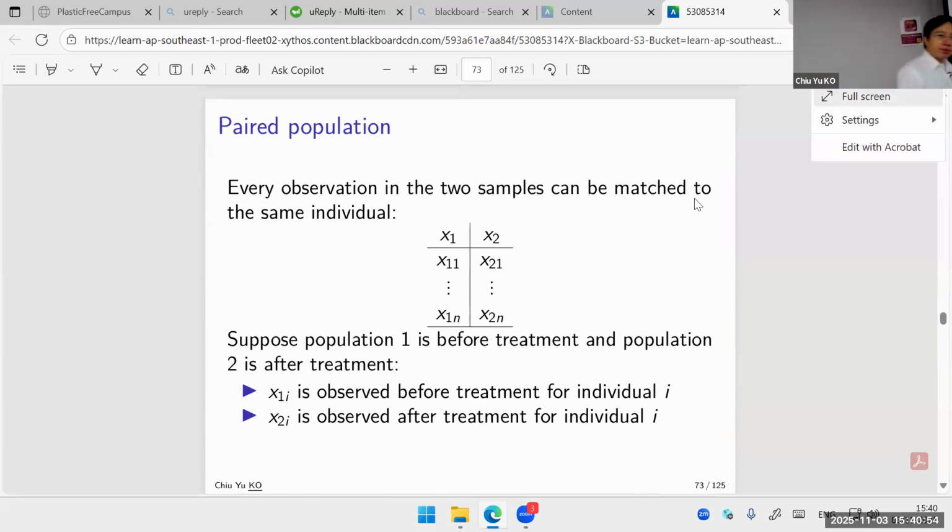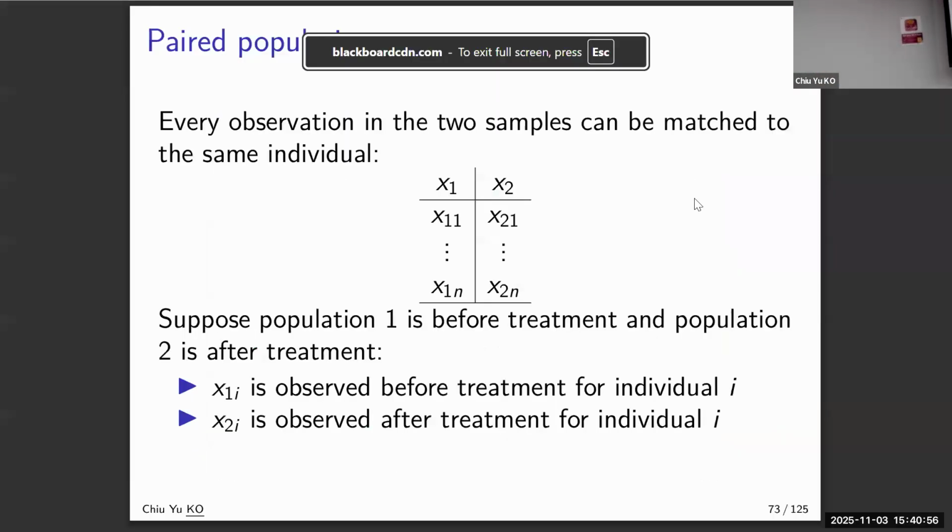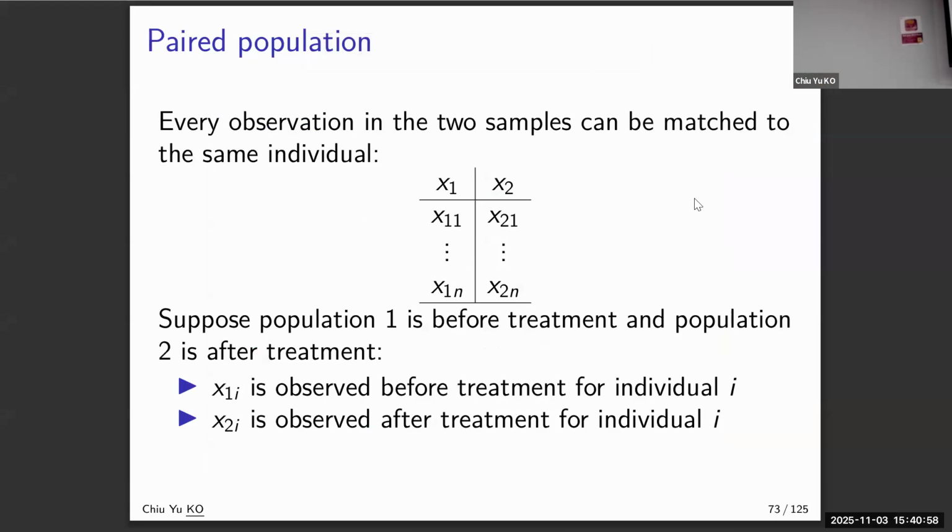So let's continue. We mentioned the paired population, right? These two populations, you can connect them. So it is exactly the opposite case of independent. It's completely related. Very often we call it treatment, with the same individual before treatment and after treatment, and we want to say if the treatment matters.